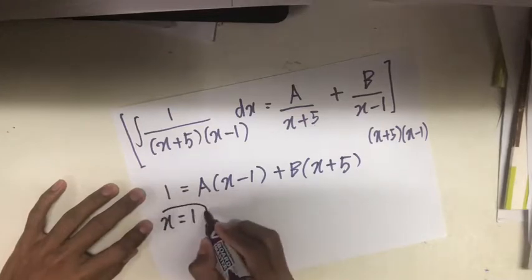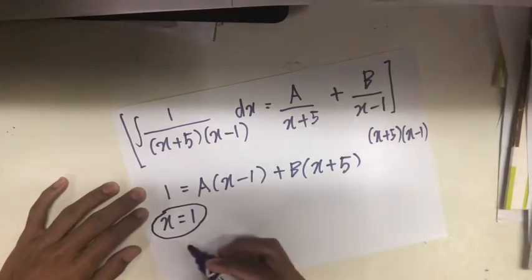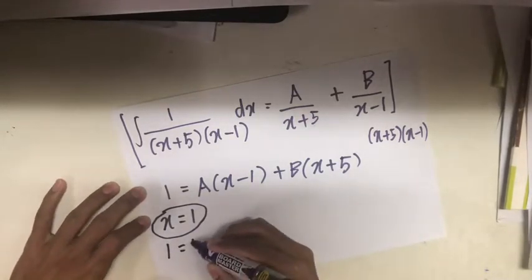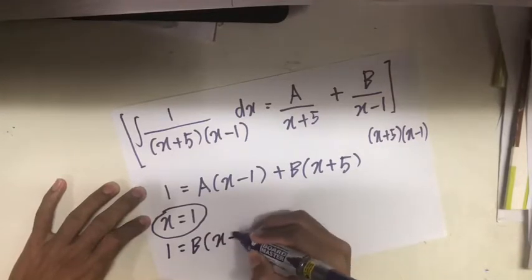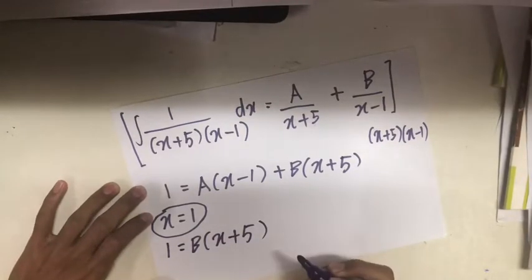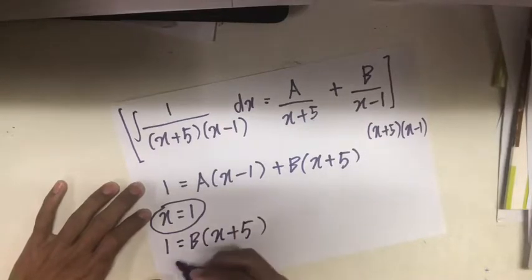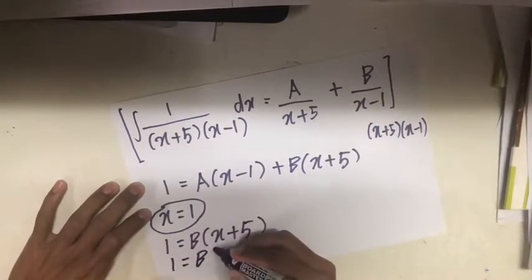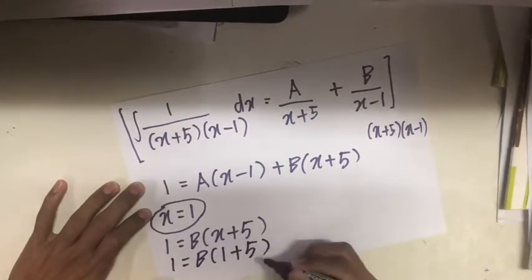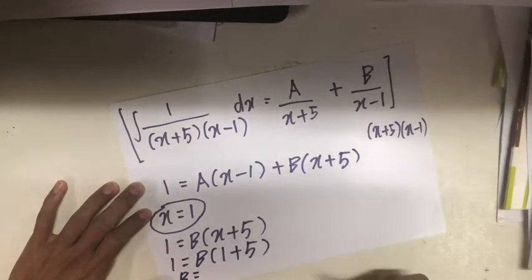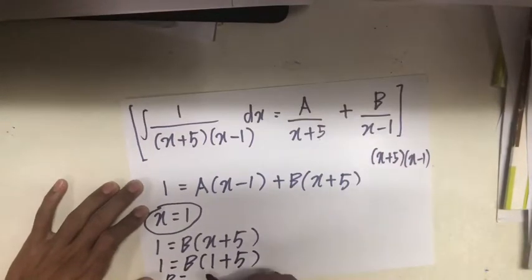So when we assign x equal to 1, we get B(x plus 5). So we insert 1 for x, we get the same answer as Yusuf. So B equals 1 over 6.